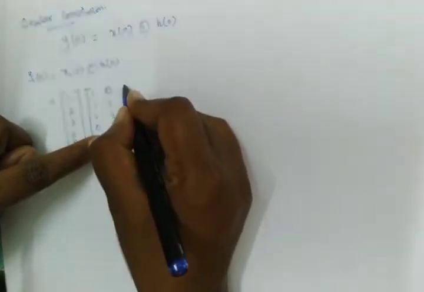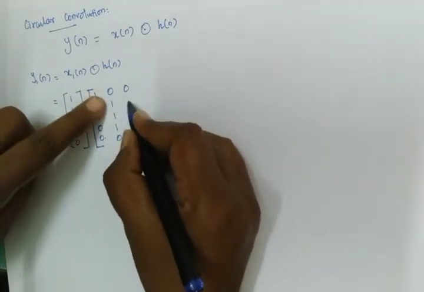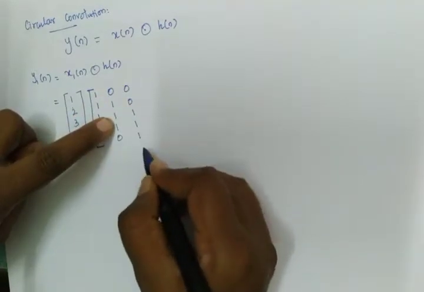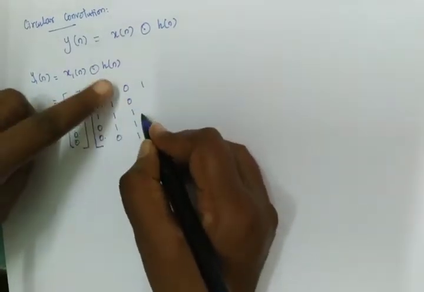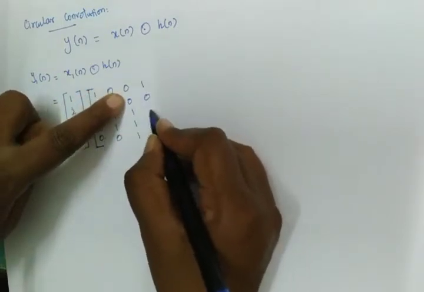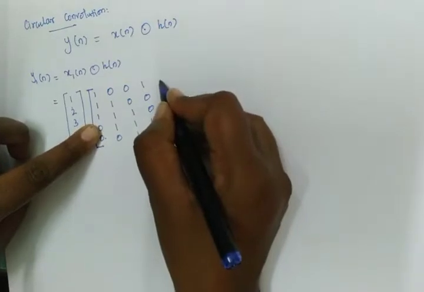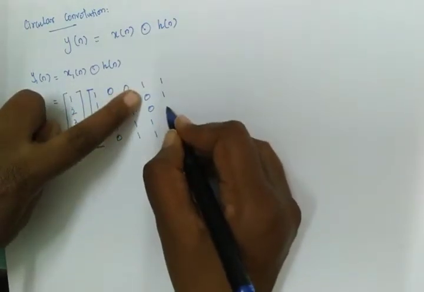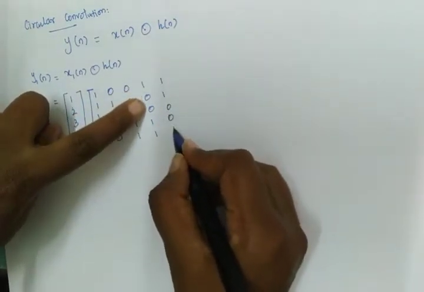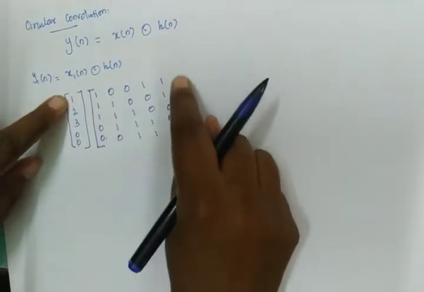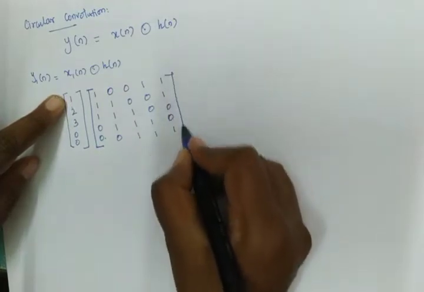This 0 will go to the top, and now take this down, 0, 1, 1, 1. Again take this 1 to top. Now this 0 will come down, 0, 1, 1. Now take this 1 again here. So 1, then 1, 0, 0, 1. Again if you take this 1 here, what happens? This will get repeated. That is 1, 1, 1, 0, 0. So let us stop here.